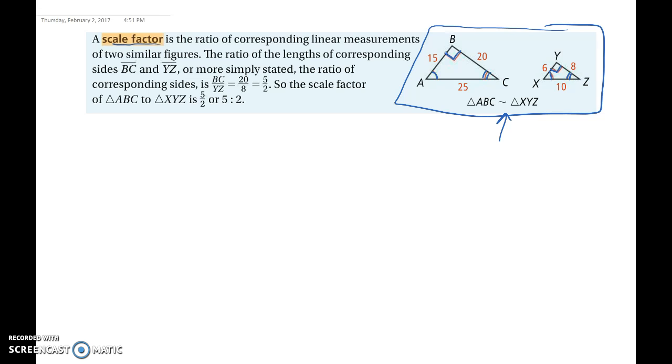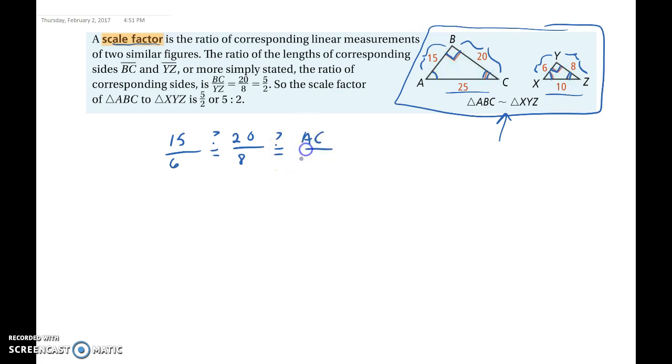Then we would have to see, do all of these sides give the same ratio? Well, AB corresponds with XY, so we can say 15 over 6. And then BC corresponds with YZ, so we're asking, is it equal to 20 over 8? And then we have AC and XZ, and we're asking again, are they equal?